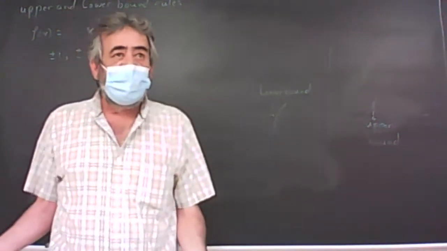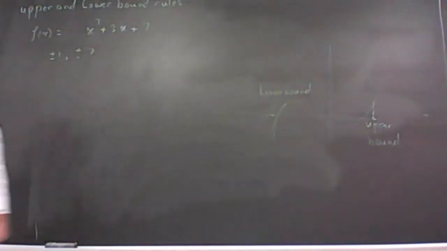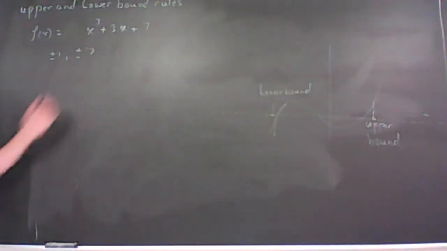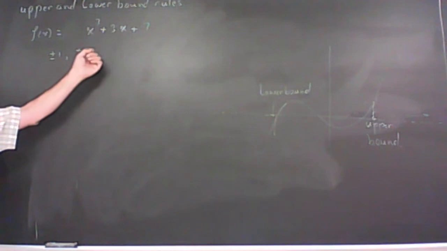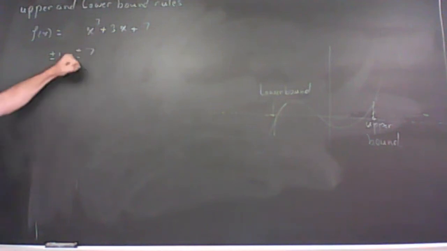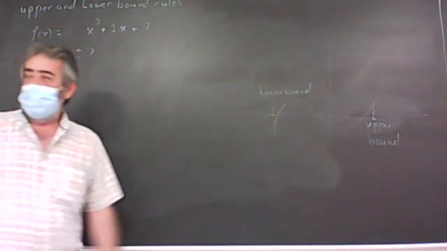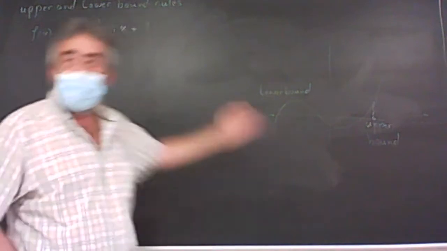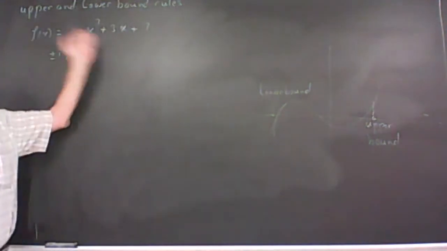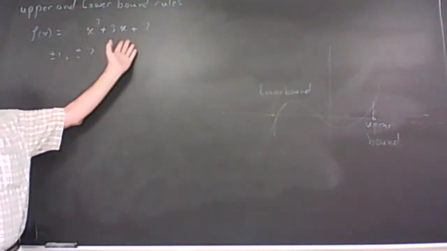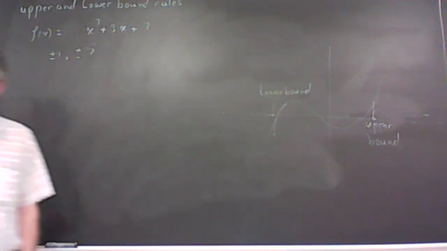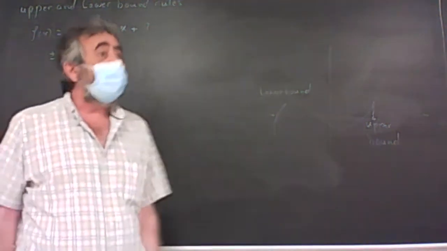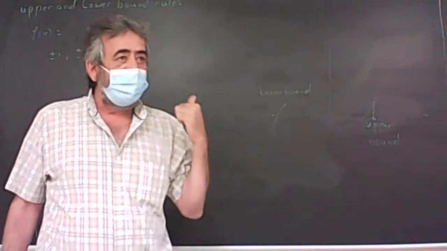Does that make sense? Based on this, we can say, all right, when I'm going to check for zeros, I don't need to try any positive number. Why? Because this polynomial doesn't have any change of sign, therefore positive zeros don't exist in that.